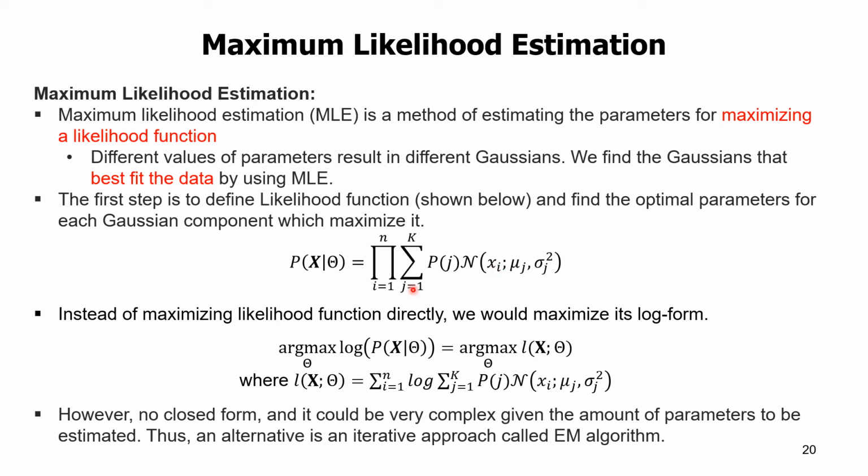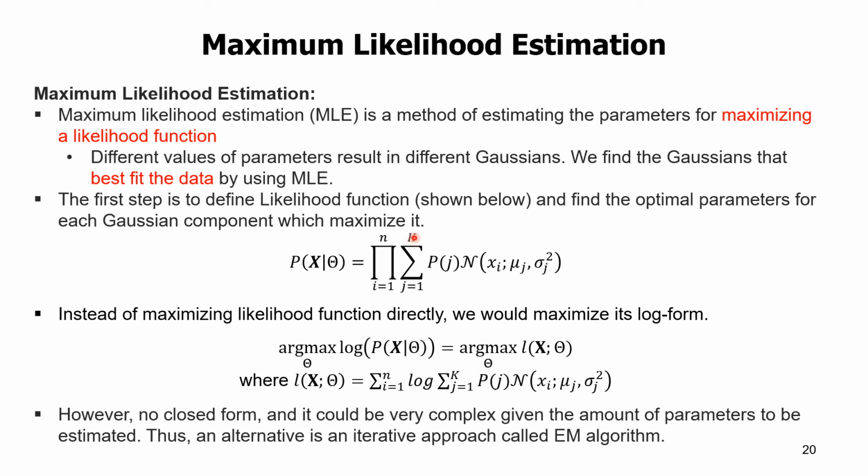So this is the probability that one particular xi is generated from this Gaussian mixture. When one data xi is generated, it can be generated from Gaussian 1, Gaussian 2, or Gaussian k. There are k cases. That's why we have j equals 1 to k. We don't know which one.